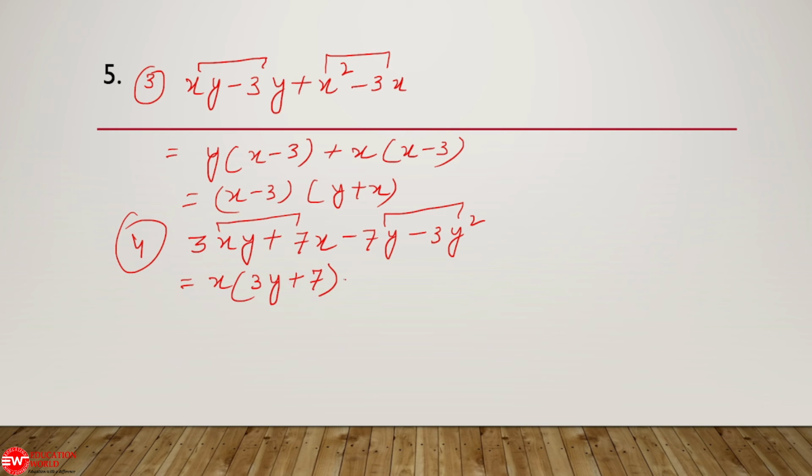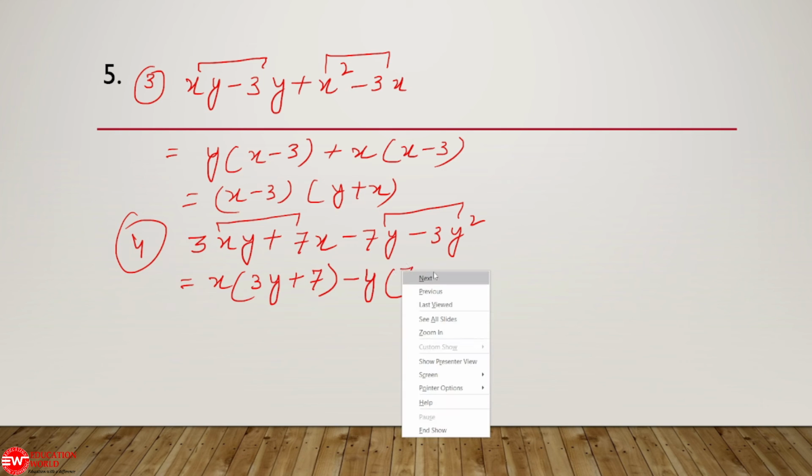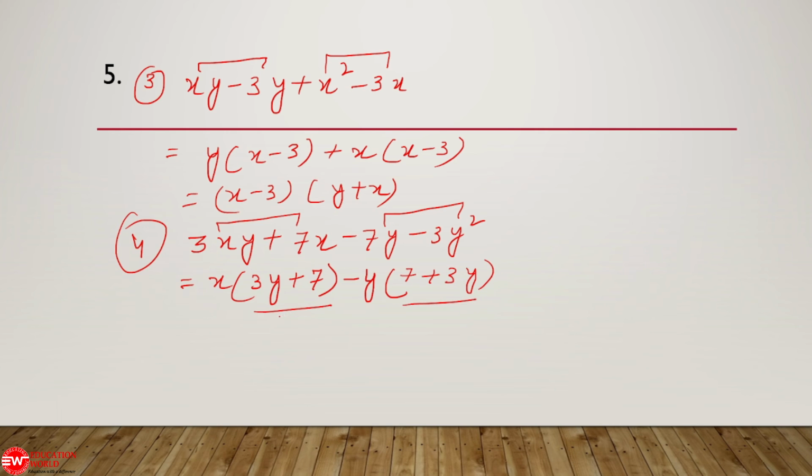It means I have to take negative common out for changing the sign. And y is also, so it will be minus y. So inside both the terms will get plus sign. 7 plus 3y. See here, bracket is same. It means my grouping is correct. So 3y plus 7, it is x minus y. Come to next. Question number 5th.